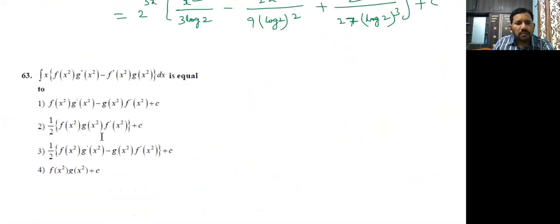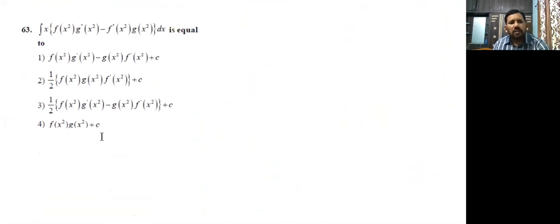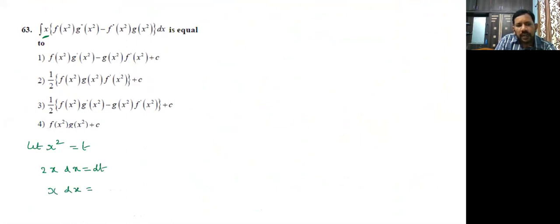Now, see this question. How to do this? So here, let x square be equal to t, because here the x is a problem. 2x dx is equal to dt, so x dx is dt by 2.